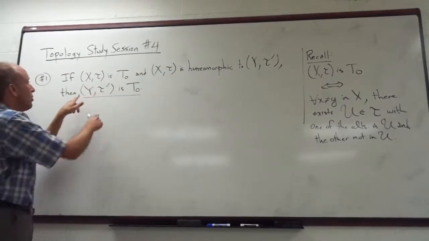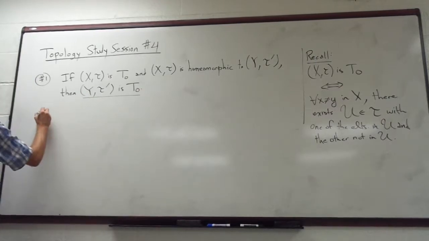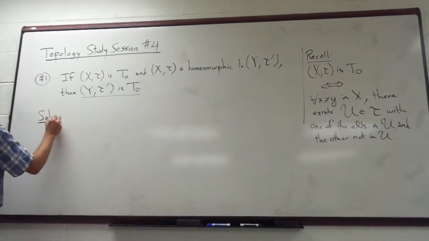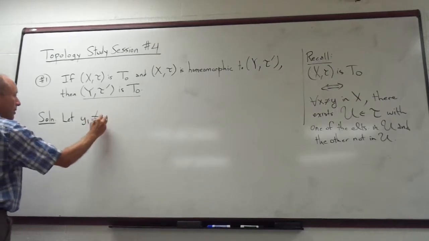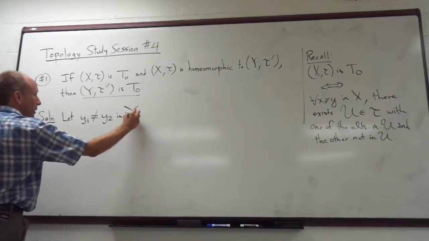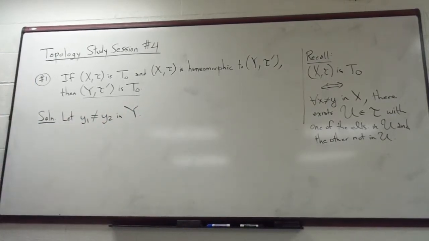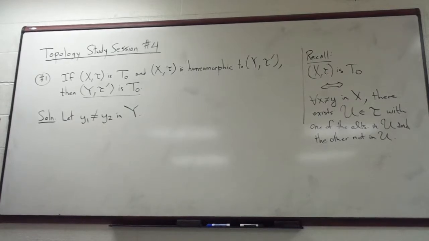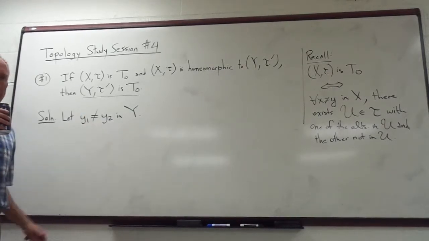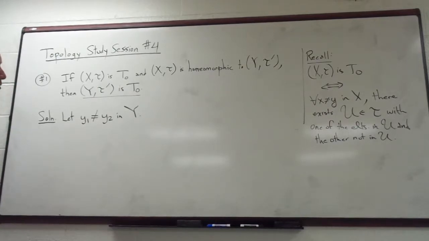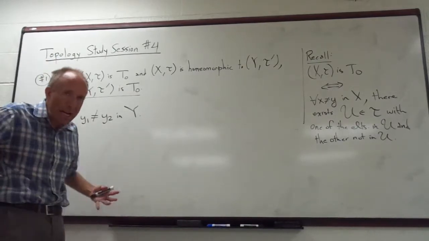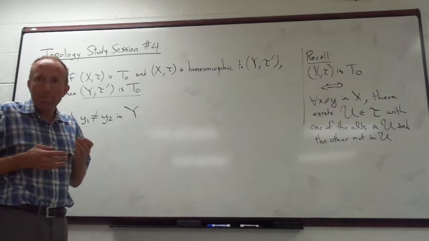So we're going to take two different points of Y. Let's call them y1 not equal to y2 in capital Y. Our job is to come up with a neighborhood of one of those points that doesn't contain the other. So we have to create this neighborhood, right?